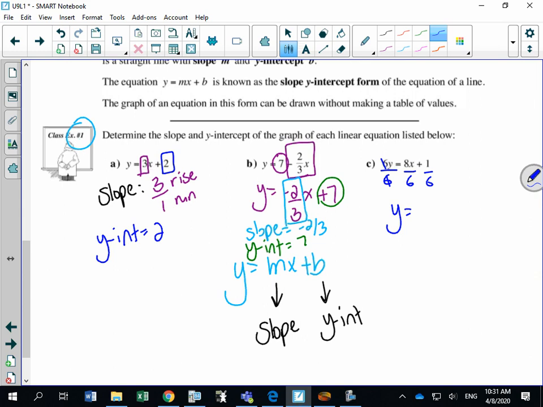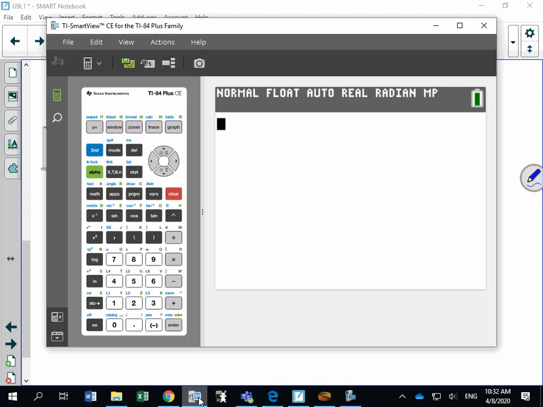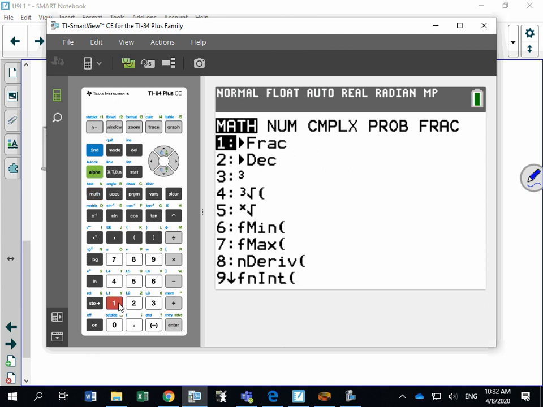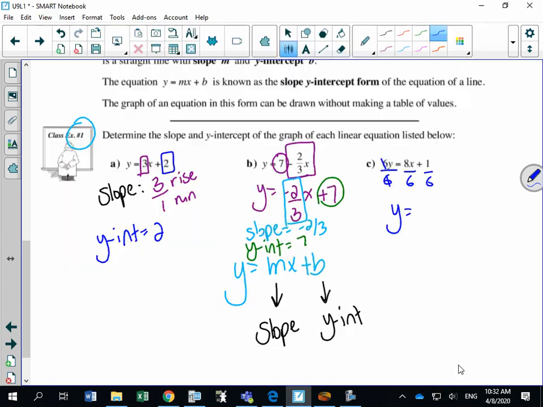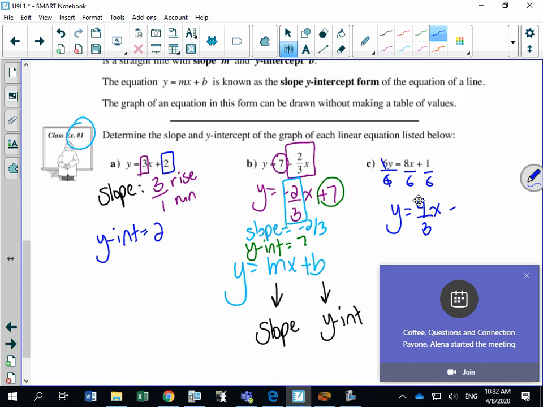Y is equal to 8 over 6. Remember I said you always give your slope in your lowest forms, right? So always reduce it. So 8 divided by 6 is 4/3. So type that in your calculator, hit math 1 fraction. So that would be 4 over 3x plus 1 over 6.